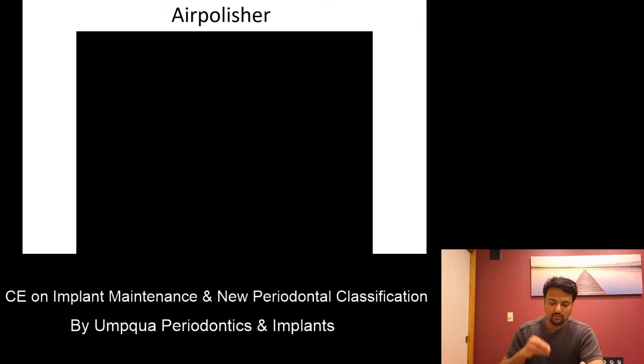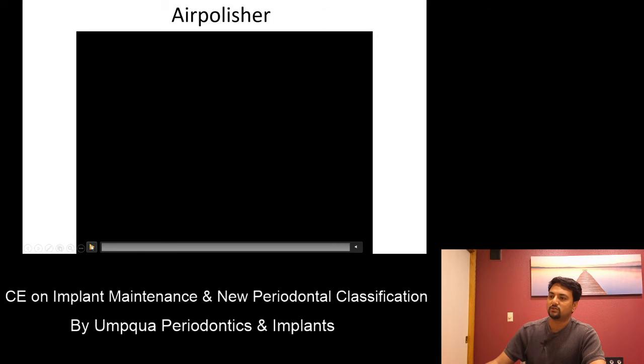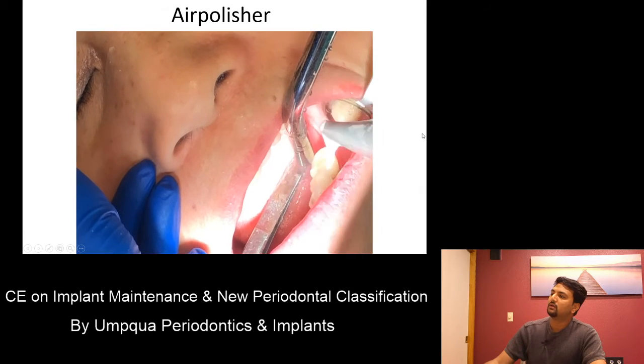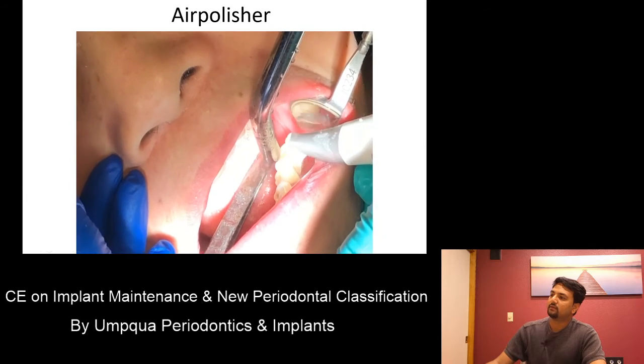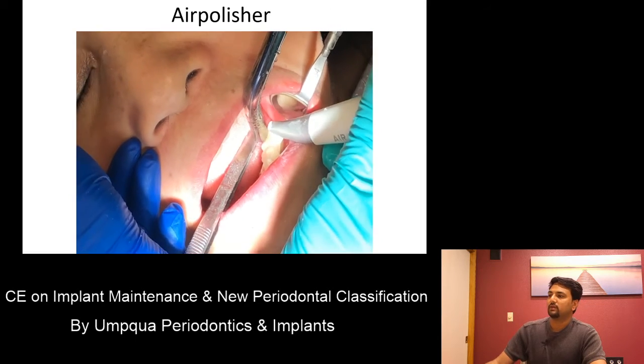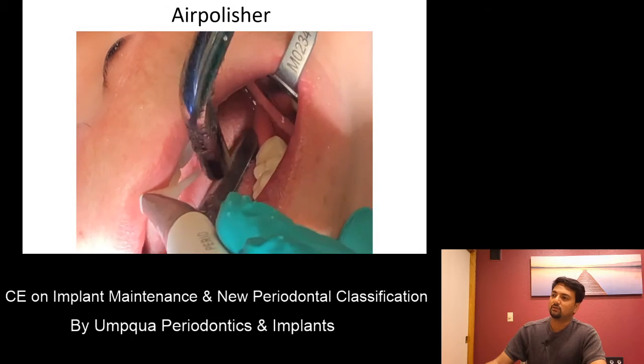The nozzles are designed so that the powder comes out from the tip as well as the sides of the tip, so you can use it on the straight lingual and buccal, and also go in through the interdental area and use it on the mesial and distal, and that way you can clean all 360 degrees around the implant. So this next video demonstrates how I clean the mesial aspect of that implant. Again, high-velocity suction close to the spray.